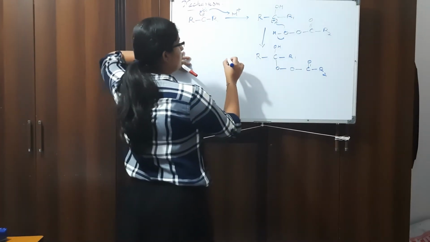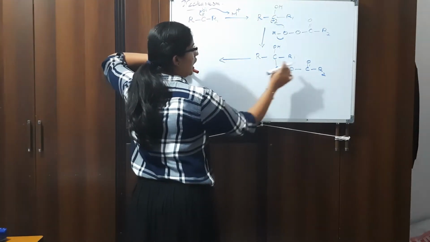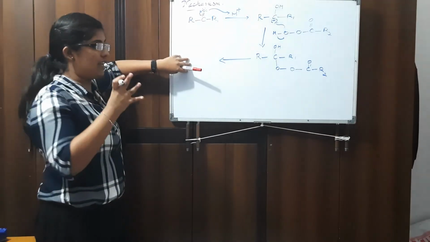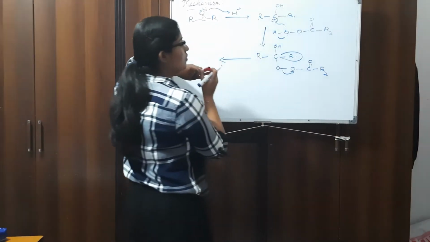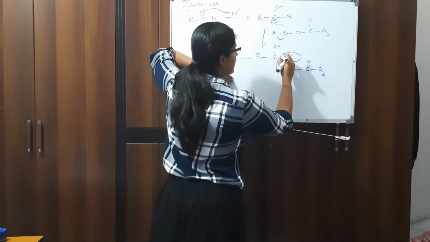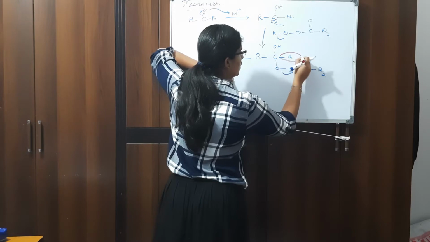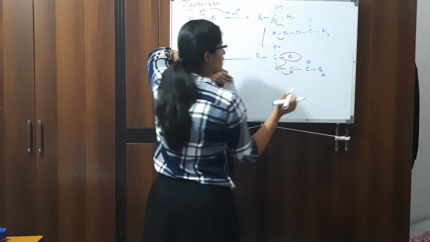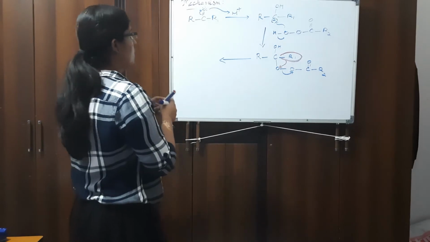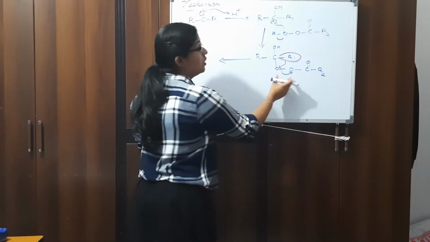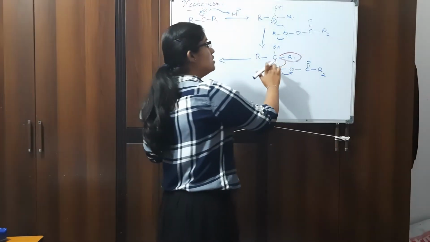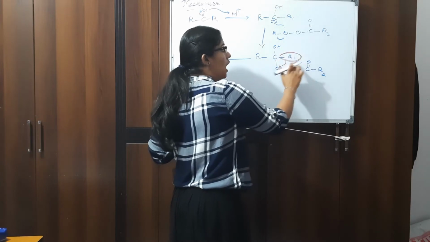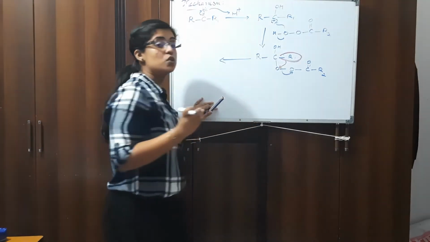A 1,2 shift will take place, and the R group or methyl can actually shift. This whole R group is going to shift to this oxygen side. This oxygen-oxygen bond is now going to cleave, and one oxygen is going to go out with the remaining group, and from the ketonic part, one of the R groups is going to come and join the oxygen.